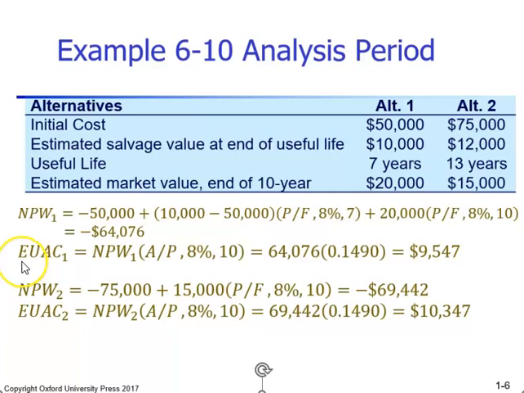Because here it wants to calculate the cost, so it should put the net present cost, and the net present value is minus 64,000. When it is minus, it means that it is cost, but when you are trying to calculate the cost, you don't need to put the negative, so you put the positive one, and since it is the cost, we go for the one that is smaller. So alternative one is our choice.